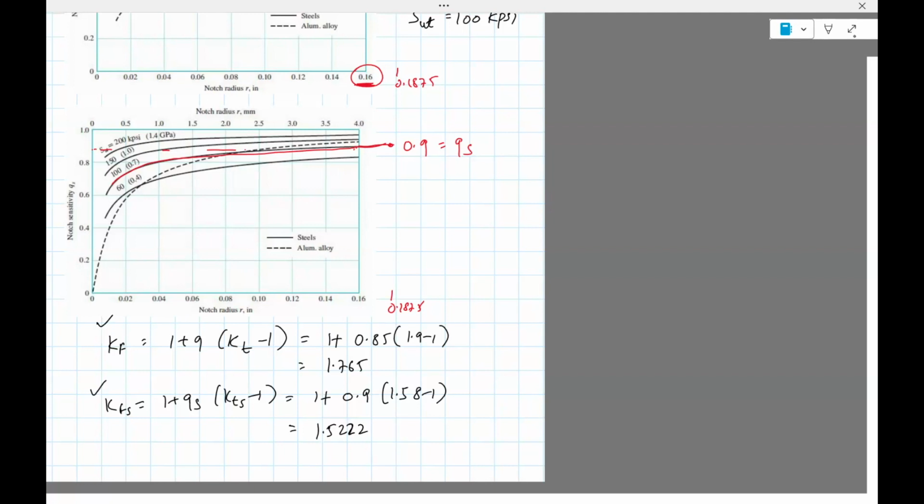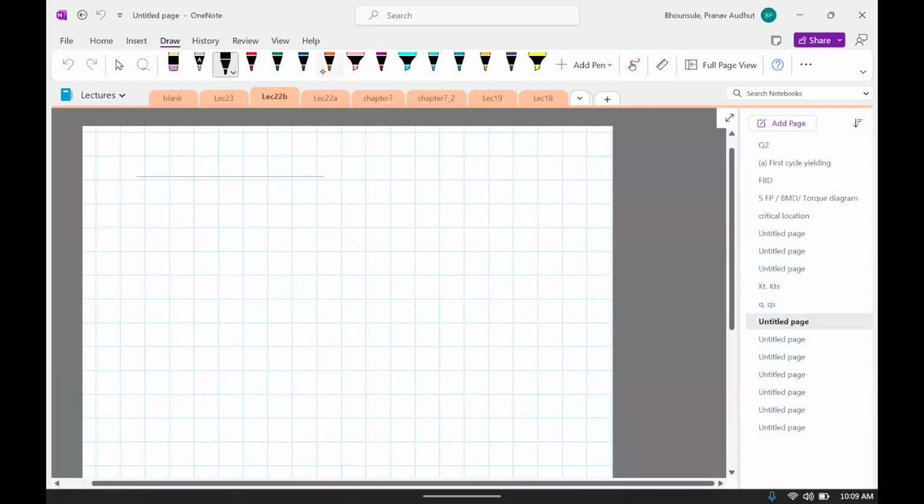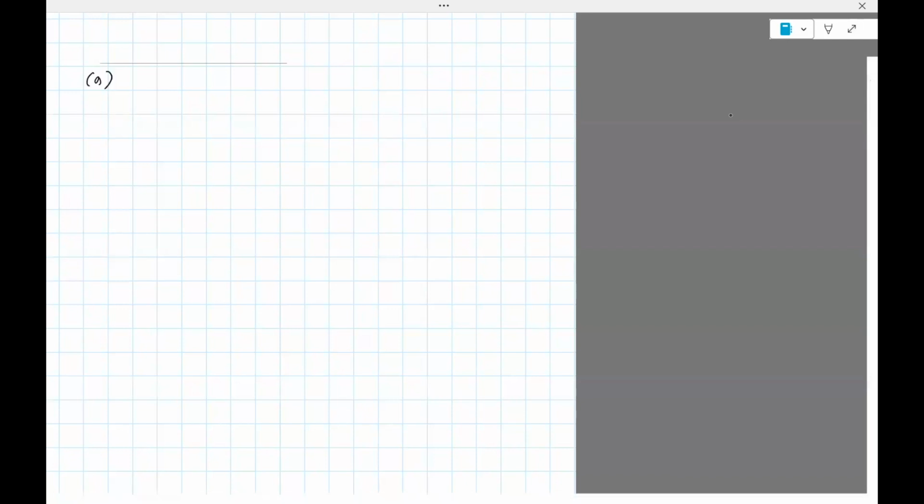The last step is to compute the factor of safety. The first step is yield, so Sy by sigma max.